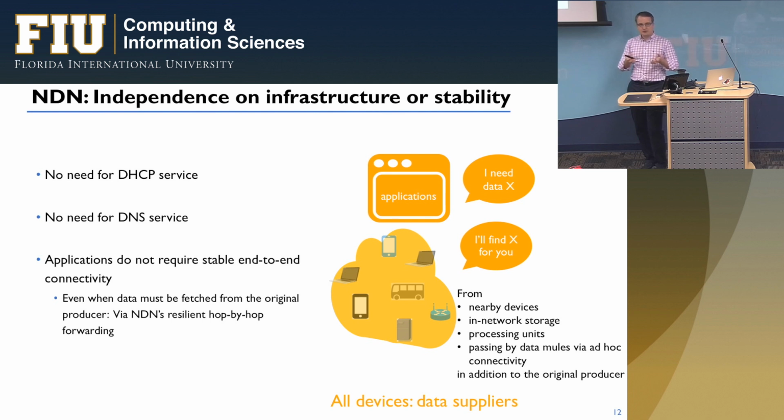And if you're a consumer, it's even less of a problem. You just need to express your interest, and that interest will be forwarded inside the network in proper directions to retrieve your data. I'm skipping a few steps in this picture, but on a high level, this is what we're trying to achieve.